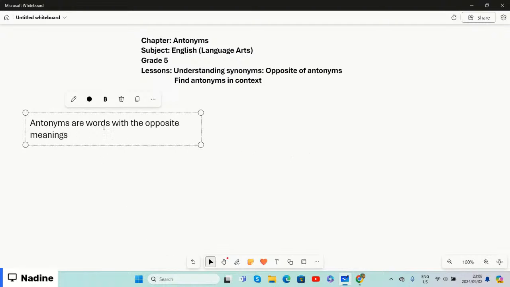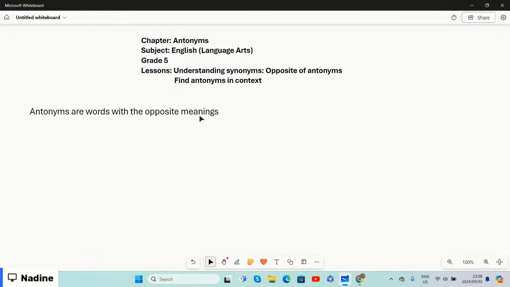So antonyms are words with the opposite meaning, or opposite in meaning to another word. If we look at a few antonyms, let's say, for example, the word bad. We need to say the opposite of bad. If bad is our word, then we need to give the opposite of that word. And the opposite of bad is good.